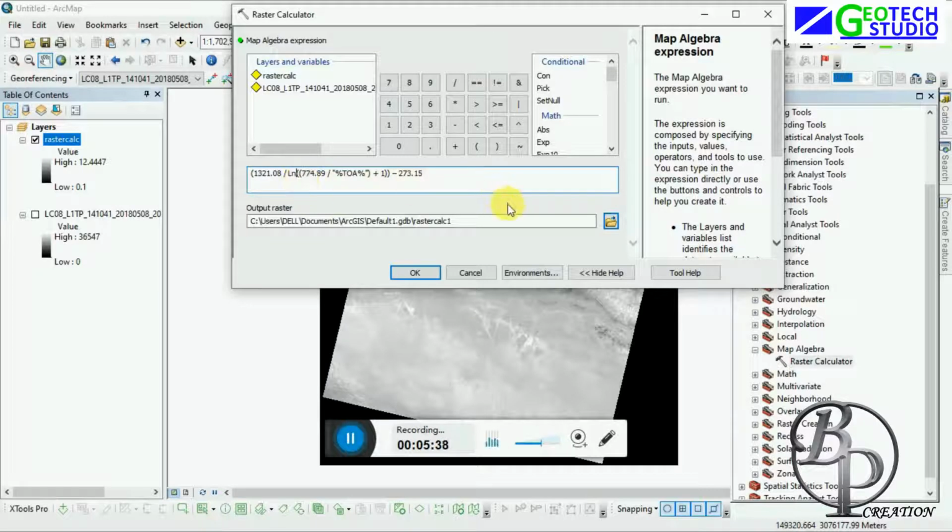Now I am changing the mathematical logarithm function here. Sometimes GIS doesn't take the copy-pasted value, so I don't want to get any error, so I am doing it myself without copying any data. Now I am copying it and pasting it into our created logarithm mathematical function and deleting the earlier one that we had copied.